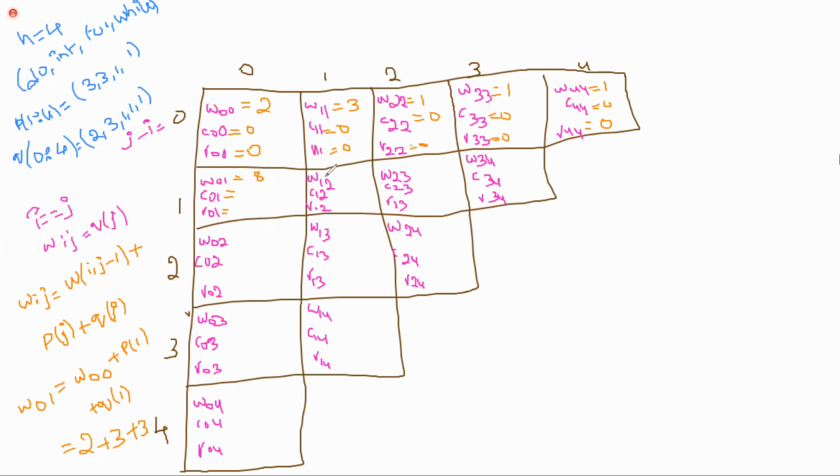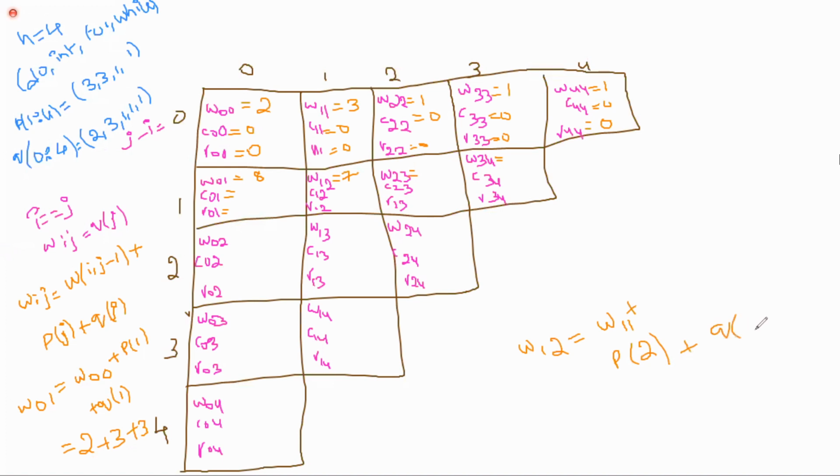Will you tell me the remaining W values? The remaining W values are W12. W12 means W11, which is 3, plus P of 2 plus Q of 2.